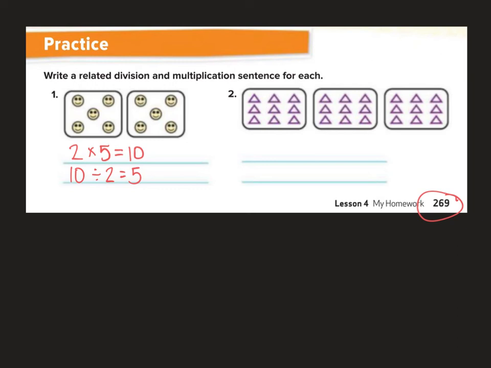Here I've got 3, 6, 9, 9, 9, and 9. 2 9s are 18. 18 plus 9 is 27 total triangles here. So again, I could say 3 times 9 is 27, or 27 divided into 3 equal groups would equal 9 in each group.